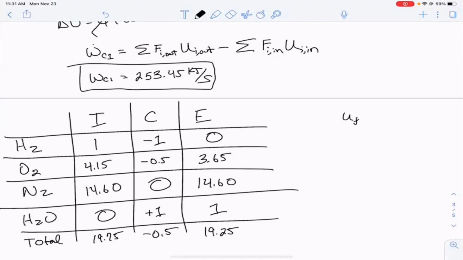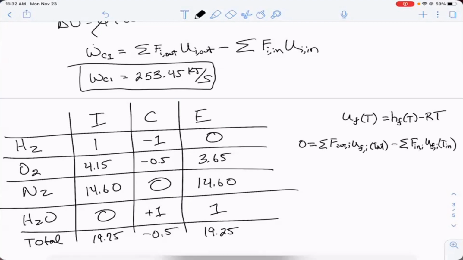So if you know that the internal energy of formation at any temperature is just the heat of formation at that temperature minus R times that temperature, then we can find that 0 equals the sum of F out of any of the species times its internal energy of formation at T out, minus the sum of F in times the internal energy of formation for that species entering the combustor.